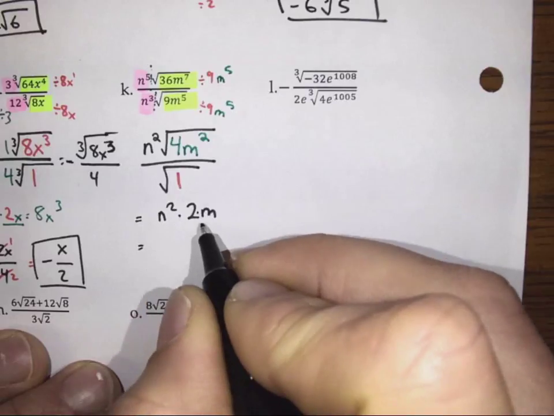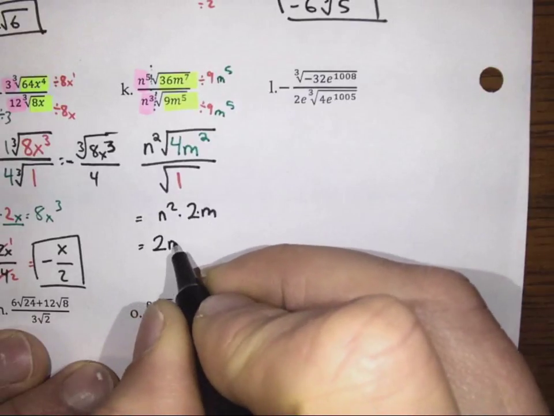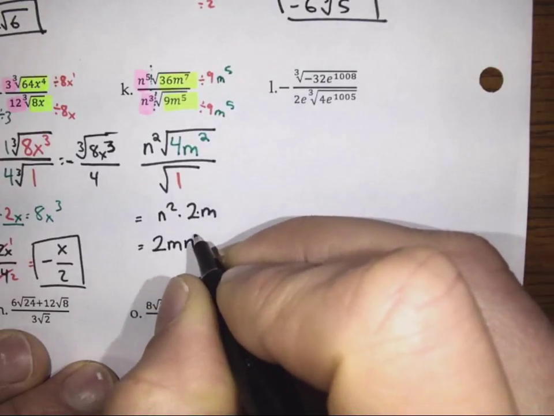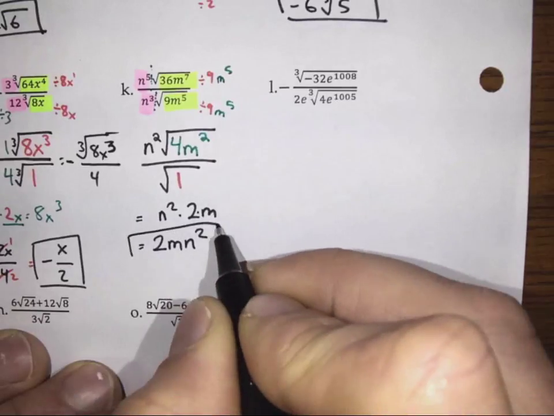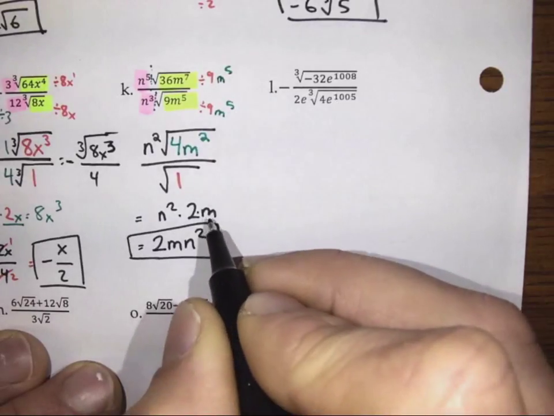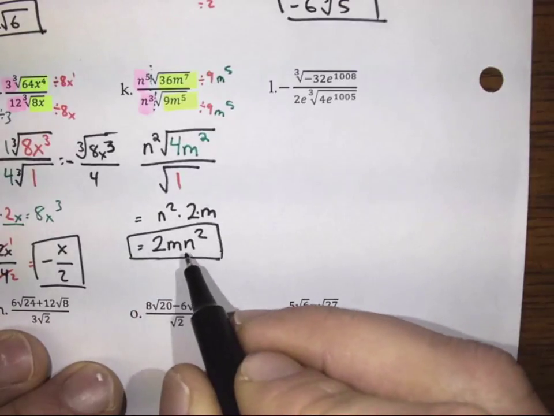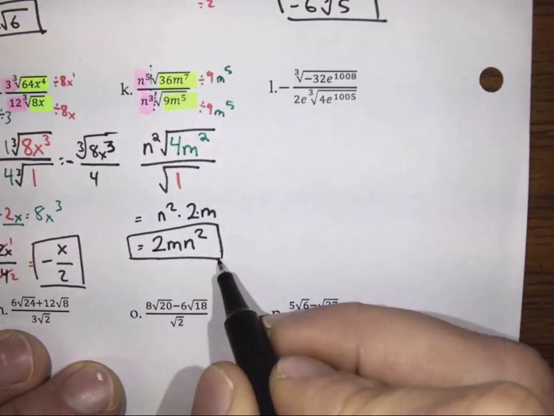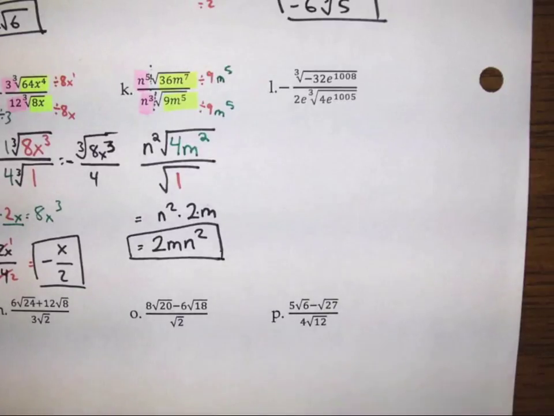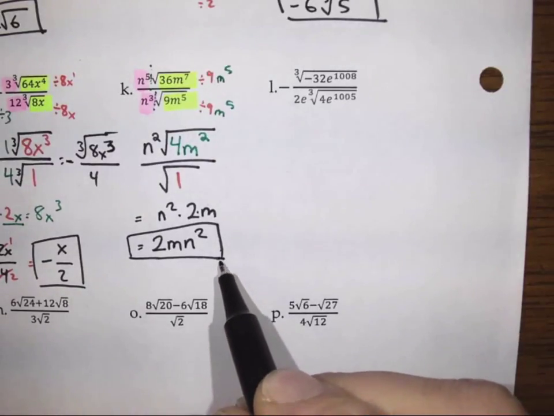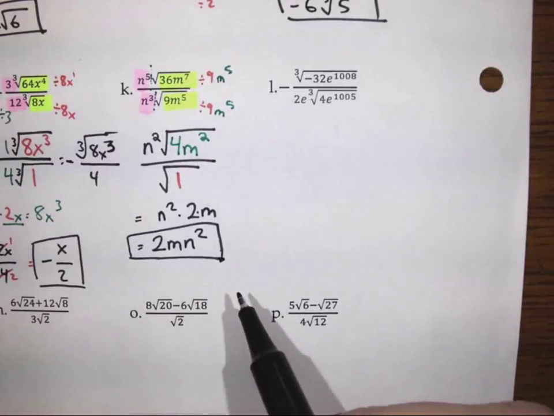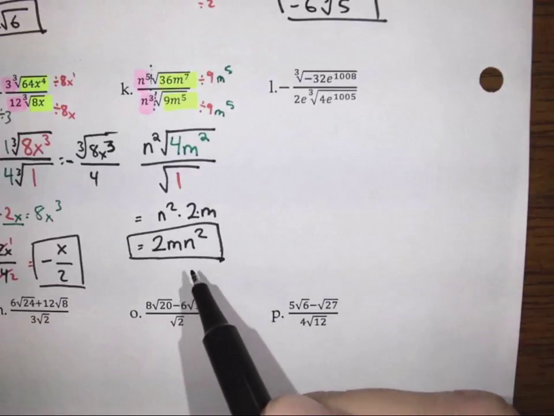And I also like to write them in alphabetical order, if I have multiple variables. And that is just some formatting that doesn't make my answer any more right than yours if you wrote it like that. It just means it will match what is typically written in the answer key of math textbooks more. And getting in the habit of writing answers in that way makes it a lot easier for you to check your answers later. It's less confusing.